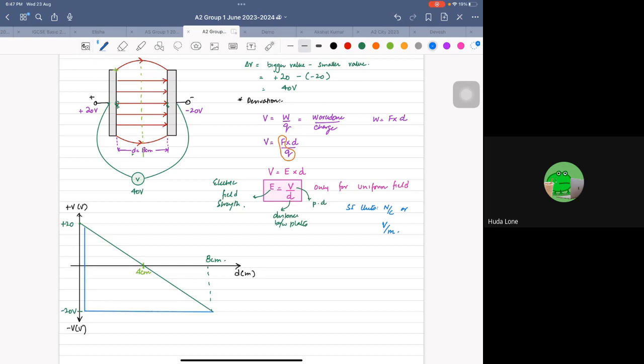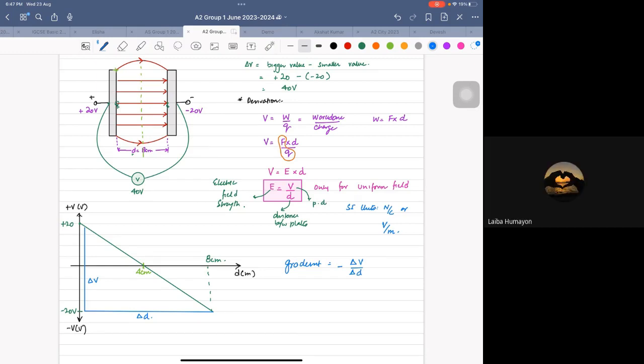The gradient of this line will be change in V over change in D. Can I say that? The gradient would be the change in V over change in D with a negative sign, because it is a negative gradient. Everybody agrees to this?